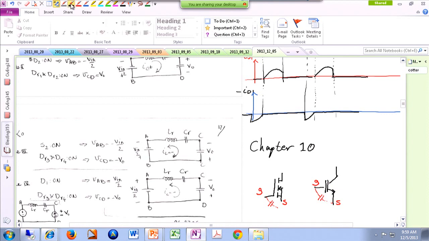If you charge this cap beyond the threshold voltage, for instance 5 volts, your switch is going to turn on. And if you discharge it to 0, or sometimes to a little bit of a negative value, like negative 5 volts or so, your switch is going to be turned off. So it's all about charging and discharging the cap.